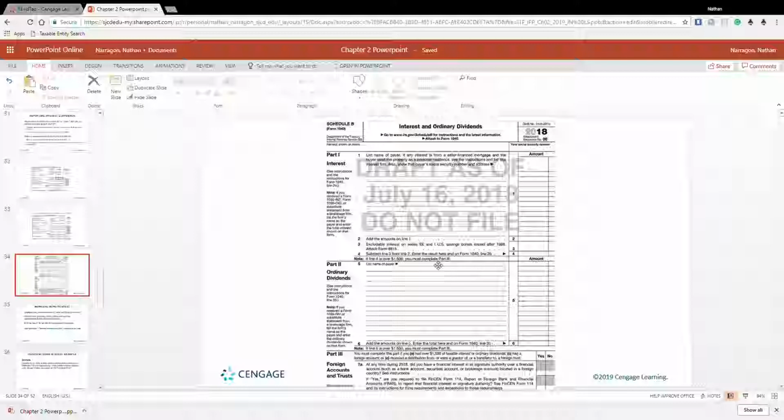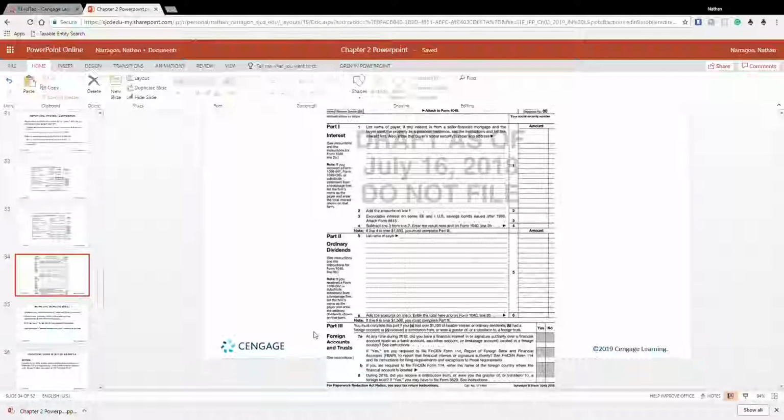Most software will let you just put in all the amounts and produce the form. In fact, ProSeries, if you decide to mess with that, we're not going into ProSeries, you can also look at that. It will show you that you can put in all the information from the 1099-INT and DIV, and it will calculate and fill out this form for you, which is cool. And this last part 3 is only really for foreign accounts and trusts. So this is a totally different item that we're not going to get into too much.